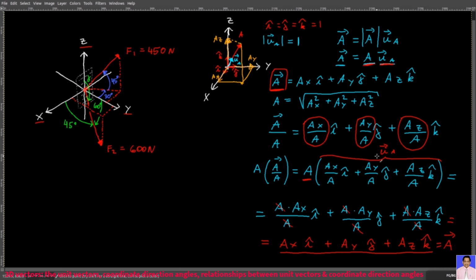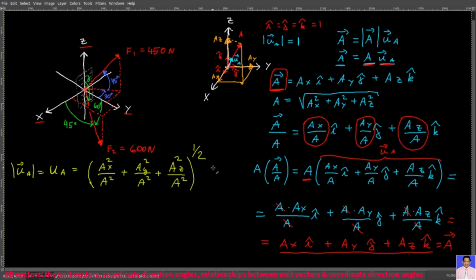Now note that the magnitude of this general unit vector also needs to be 1, so we can check that. For the magnitude of the general unit vector, I will square all its i, j, and k components, and then I take the square root. I can write it down like this. This is the common denominator.